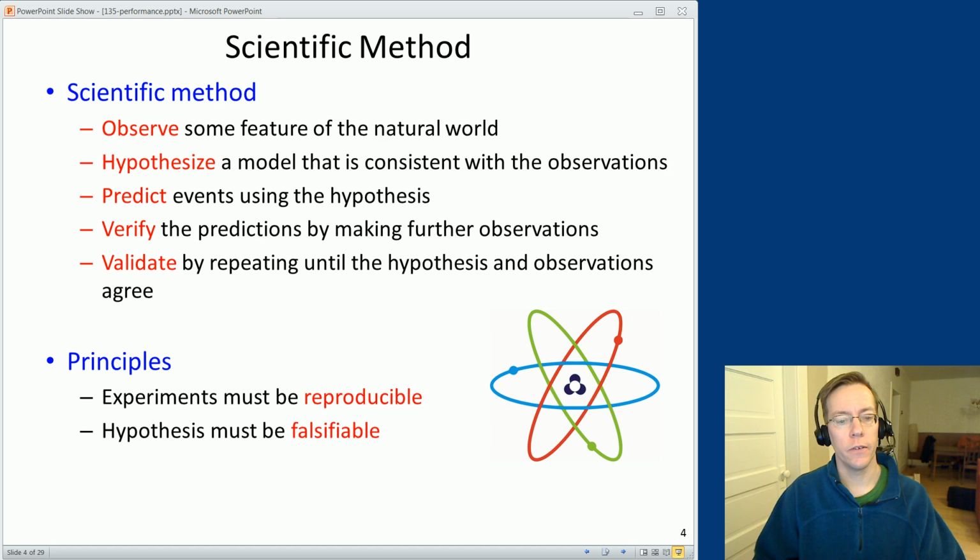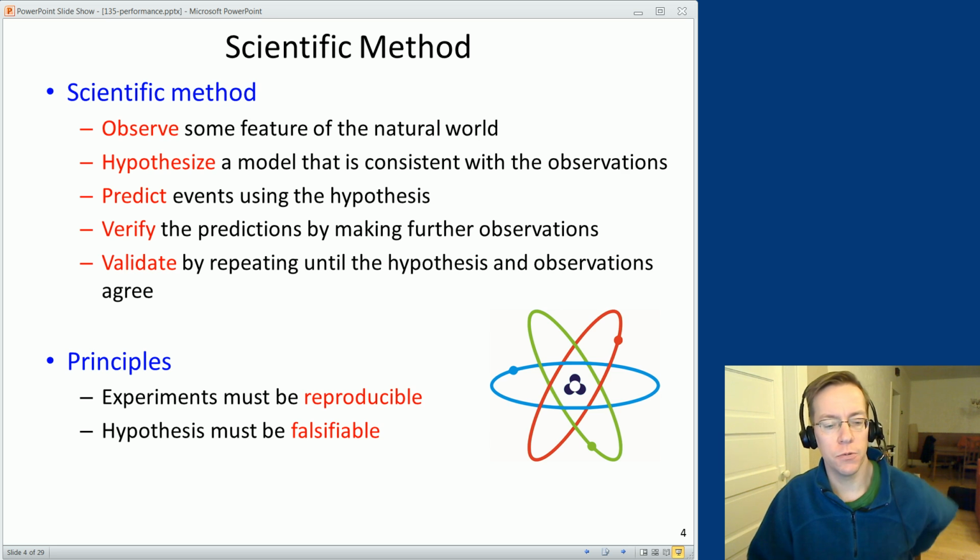So it's got a lot of pans in the fire, so to speak. So everything won't be completely consistent, but if you run things multiple times, you should get some fairly consistent results. And the hypotheses we come up with should also be falsifiable, so we should be able to prove that they're not true.